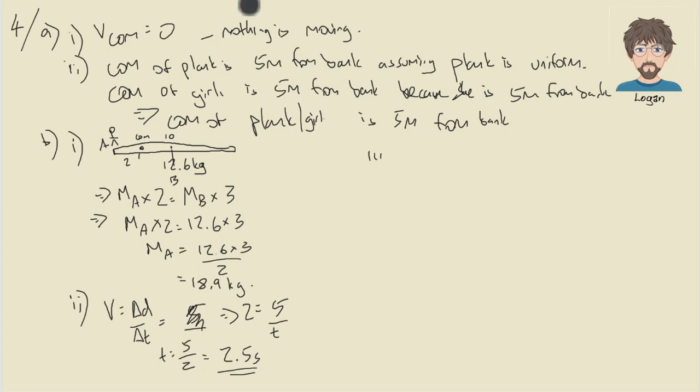Part 3. While she was walking along the plank, what is the velocity of the centre of the mass of the system of the girl and the plank? Explain your answer. Well, no external force has acted. Why?